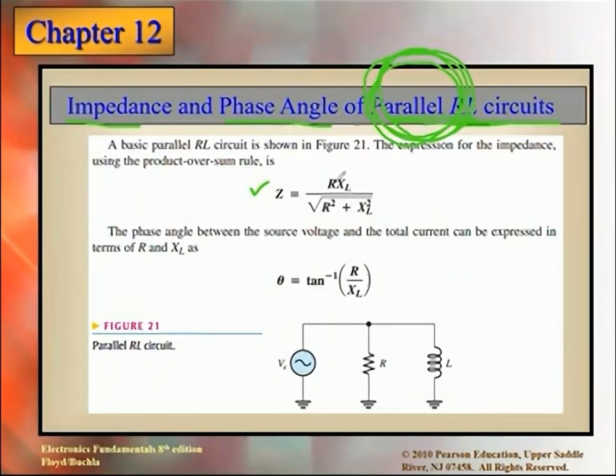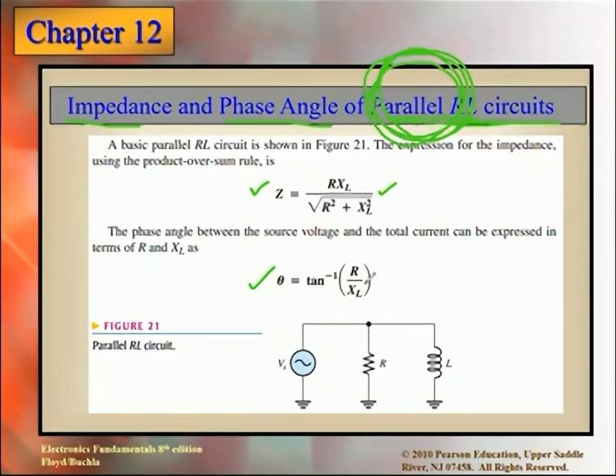So rather than R Xc over the square root of R square plus Xc square, I am writing exactly the same formula, but Xc is replaced by XL. Same formula you learned for the RC circuit. Do you also remember the theta? I told you girls it is going to be reversed, R over Xc for the parallel circuits.